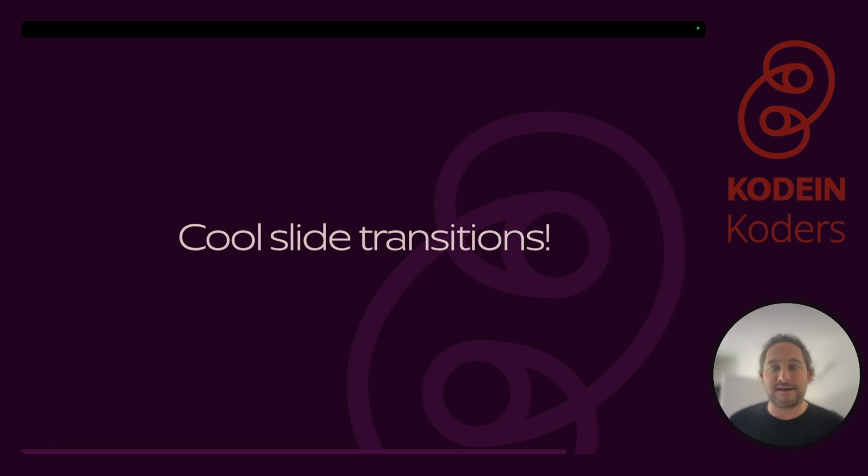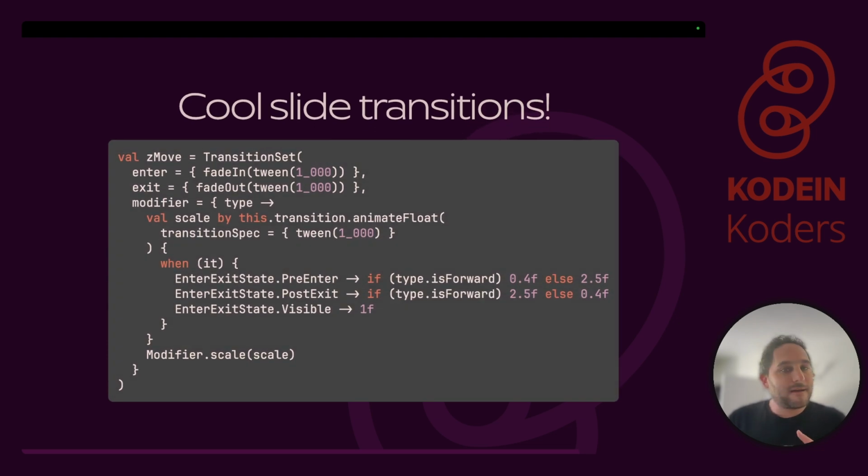So how do I animate transition between slides? Well, we didn't reinvent the wheel here. This is just Compose animation framework. You don't have to learn something new. If you already do animation in your applications, then you can animate slides in Compose Your Prez.